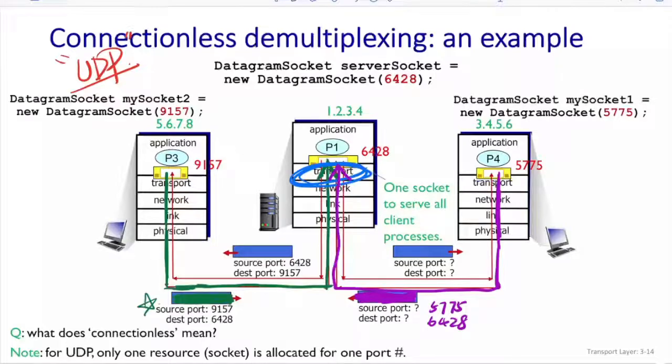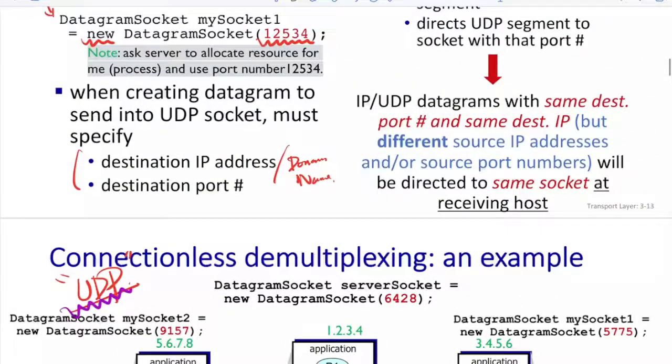So under the UDP rule, okay, take a look at this one. We pick this one, okay? UDP datagrams with the same destination port and of course with the same destination IP will be directed to the same socket at the receiving host.